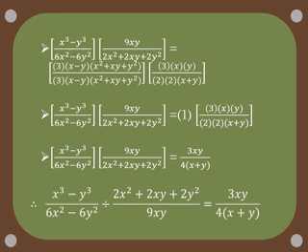So we conclude that the quotient is 3xy over 4 multiplied by x plus y.